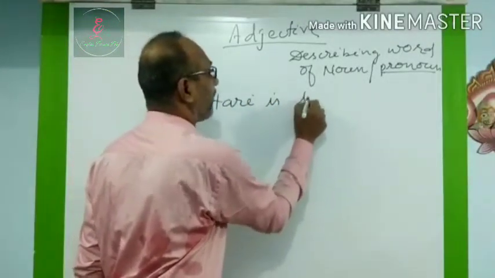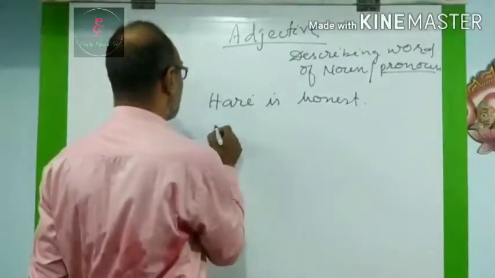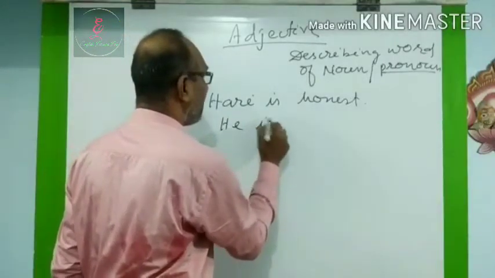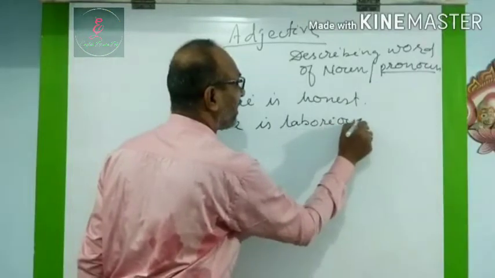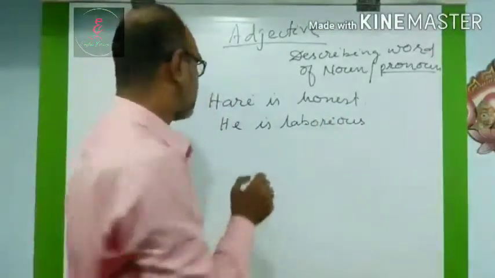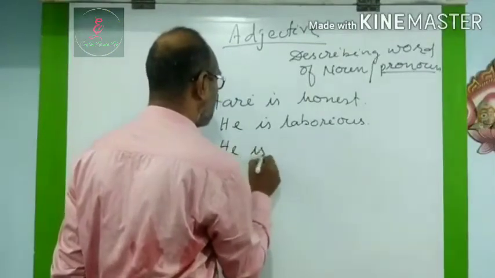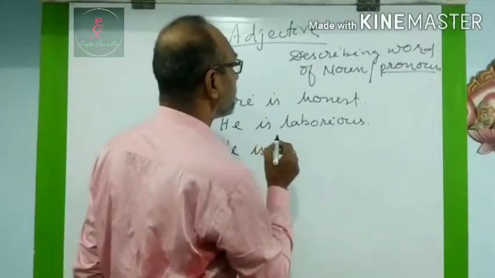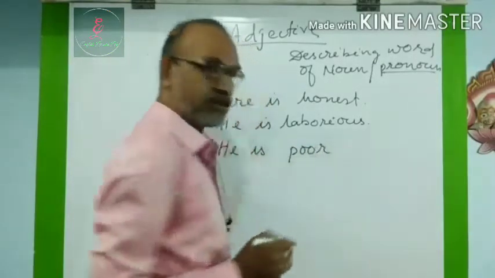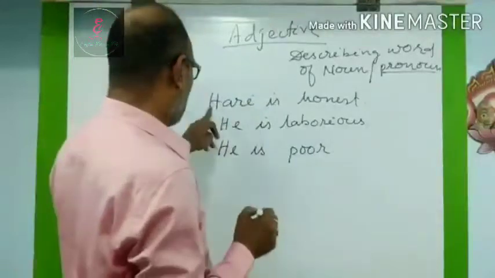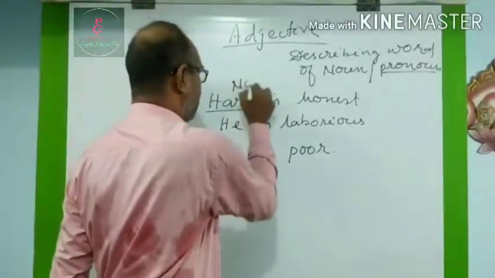Hari is honest. He is laborious. He is poor. So, Hari is the subject, which is a noun.